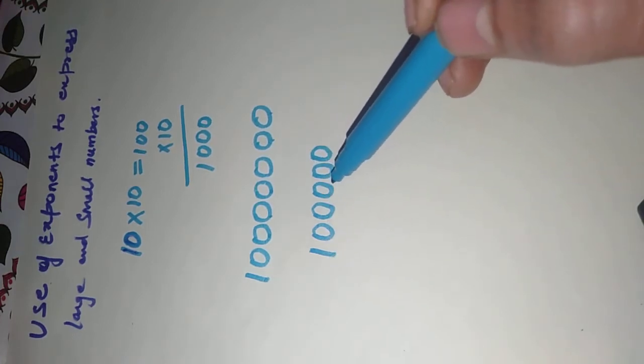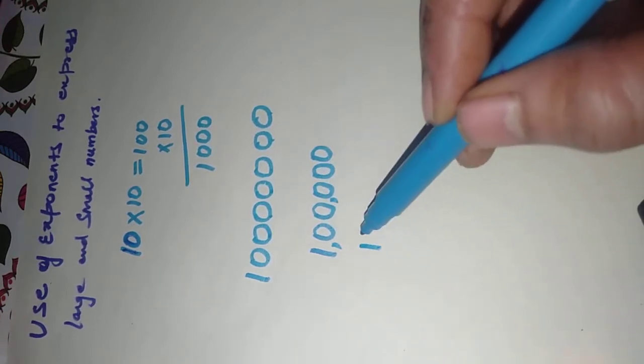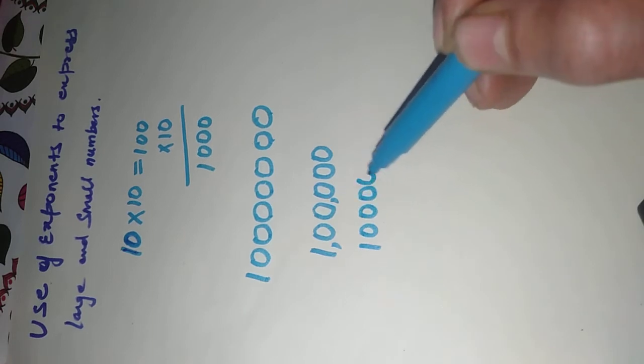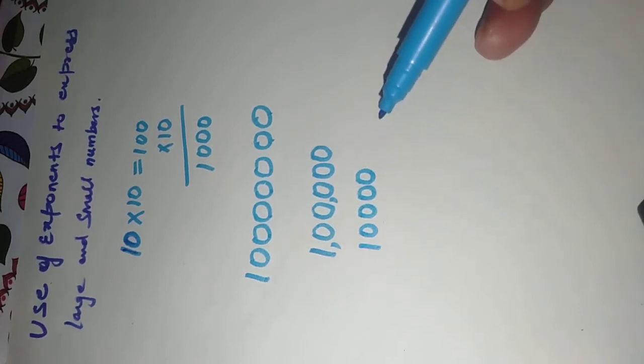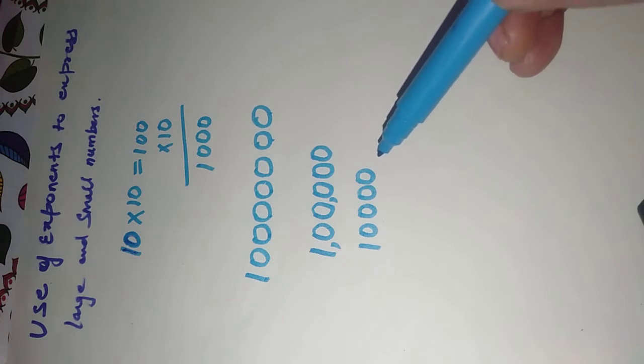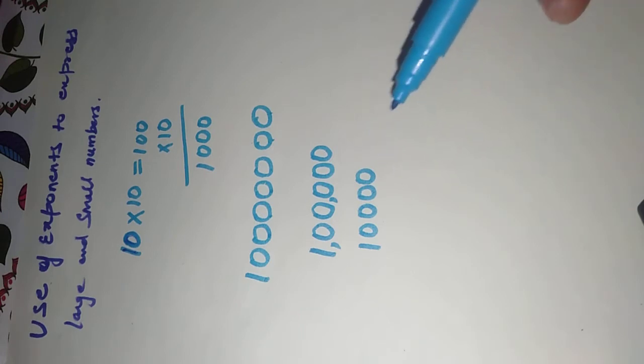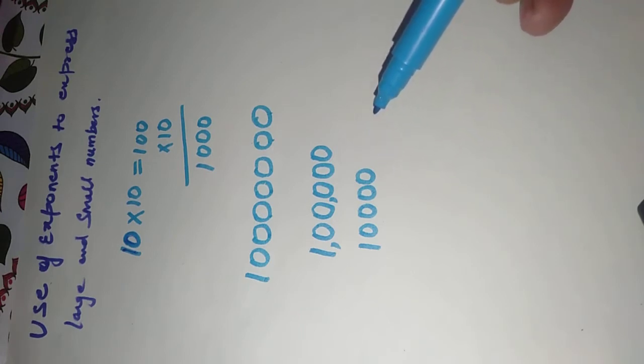If you have written only 4 zeros, then it becomes 10,000, which is a very much lesser amount. So we need to express the right number using a short form, and for this exponents are used.